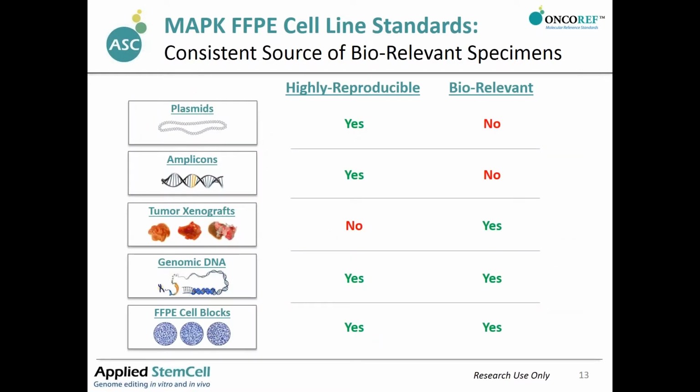There are a number of reference materials that people currently use for assay development, and I'd like to outline a few of those on this slide. Here I've categorized them by 2 characteristics: how reproducible these reference standards are, and how relevant they are to biological specimens.